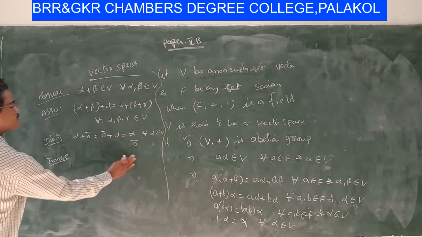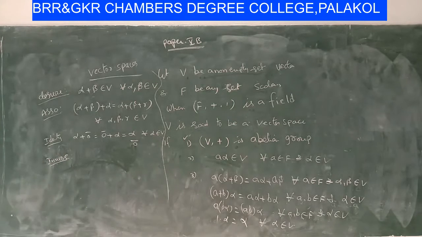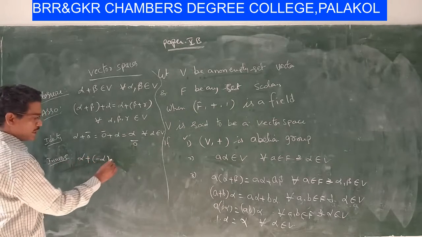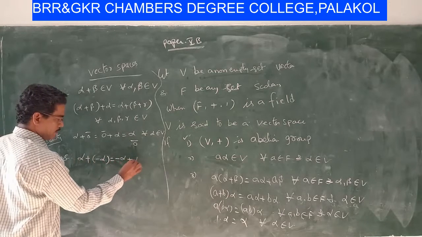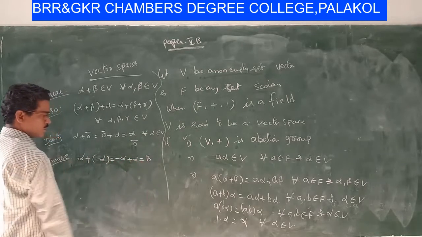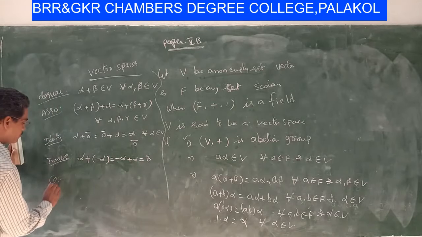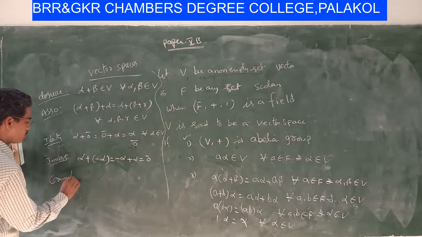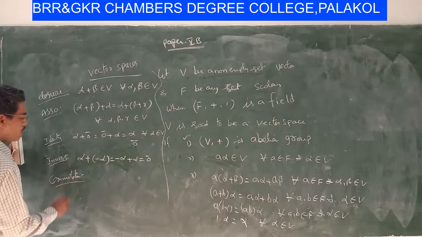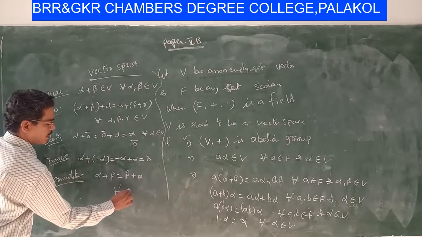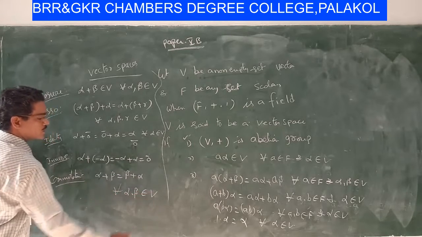Here inverse means A into A inverse is equal to 1, the multiplicative inverse, and the additive inverse is alpha plus minus alpha equal to minus alpha plus alpha equal to 0 bar. Next, commutative. Commutative means alpha plus beta equal to beta plus alpha for all alpha, beta belongs to V.